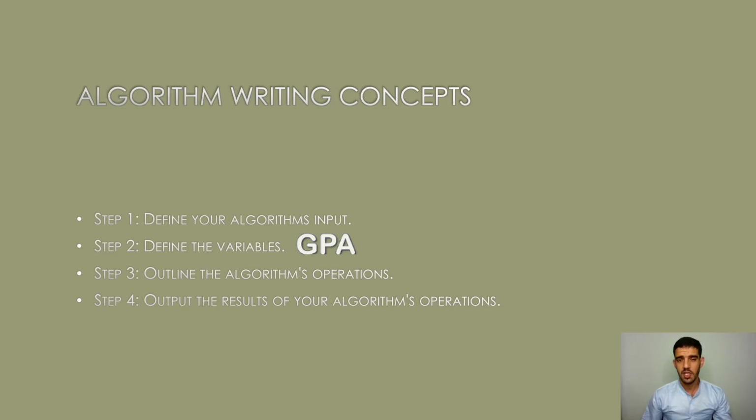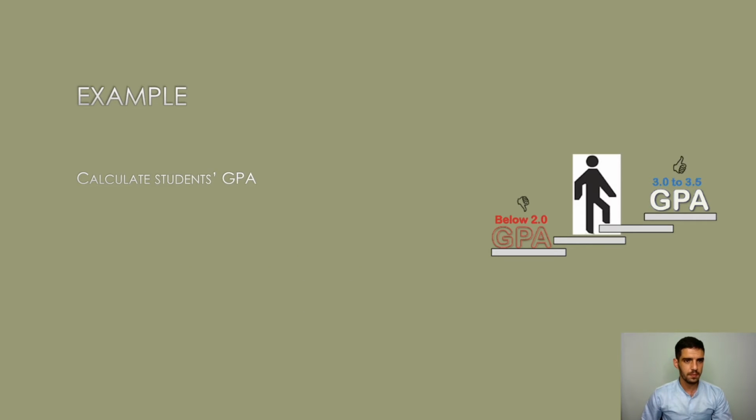And of course, the GPA is going to be different in each semester. Number 3, you need to outline the algorithm operations. Is it addition, subtraction, multiplication, or what is it? Finally, you need to output the result. So, okay, you have calculated the GPA, and you need to write it down, for example.